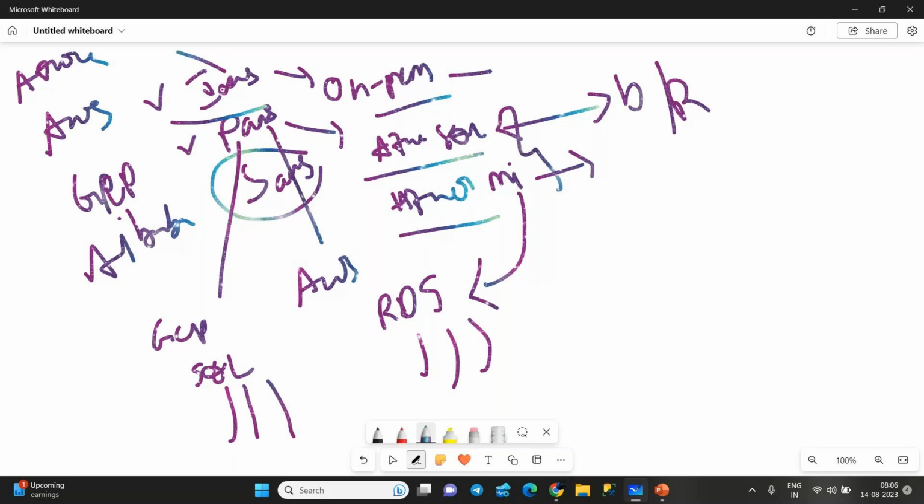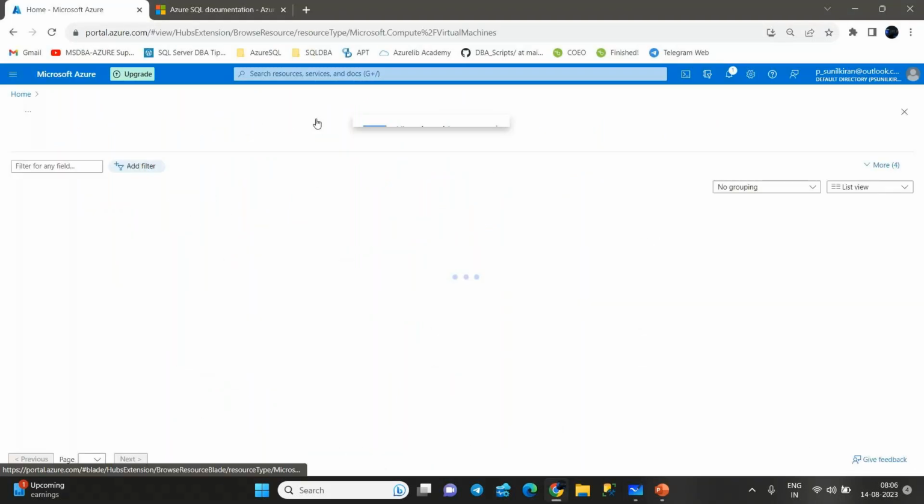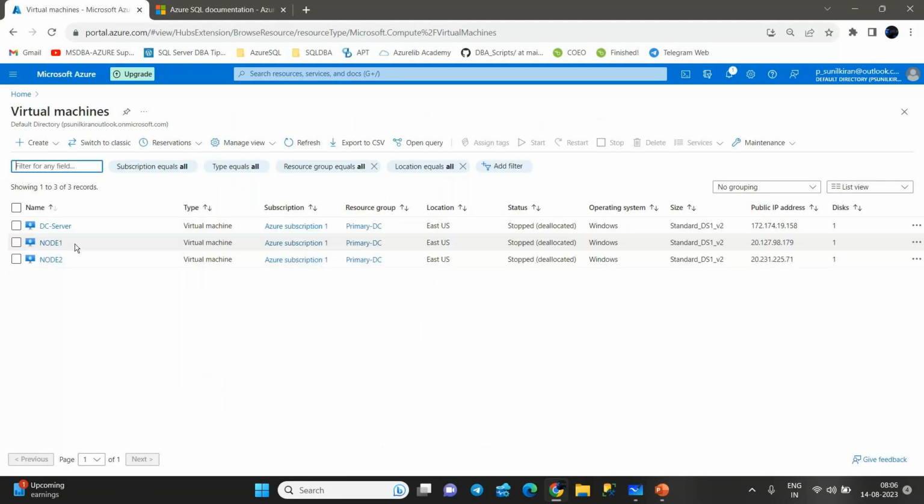But some of the application teams wanted to access the operating system, because this is the VM. So for example, take this laptop as my VM. This is IaaS.